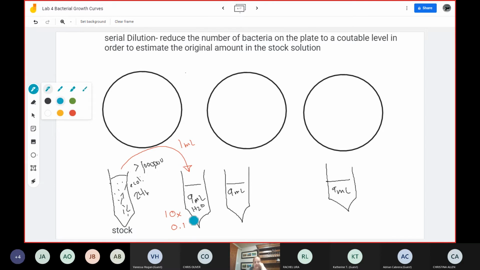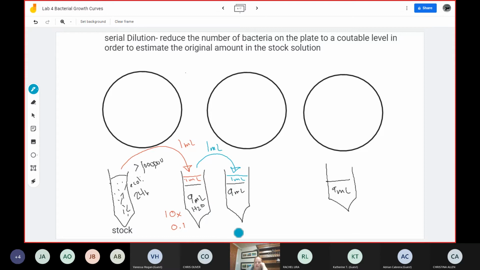You would then vortex the sample to really mix it well, and then you would do the exact same step. You would transfer 1 milliliter of bacteria from this tube. So this tube now has, let's draw that a little bit better, 10 milliliters in it, and you would transfer over to here. And now this tube has 10 milliliters in it. It's also a 1 to 10 of the previous tube.